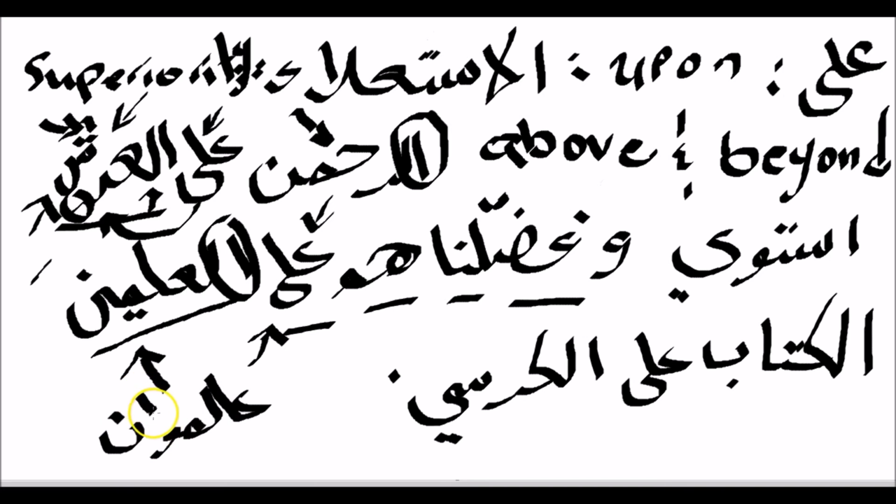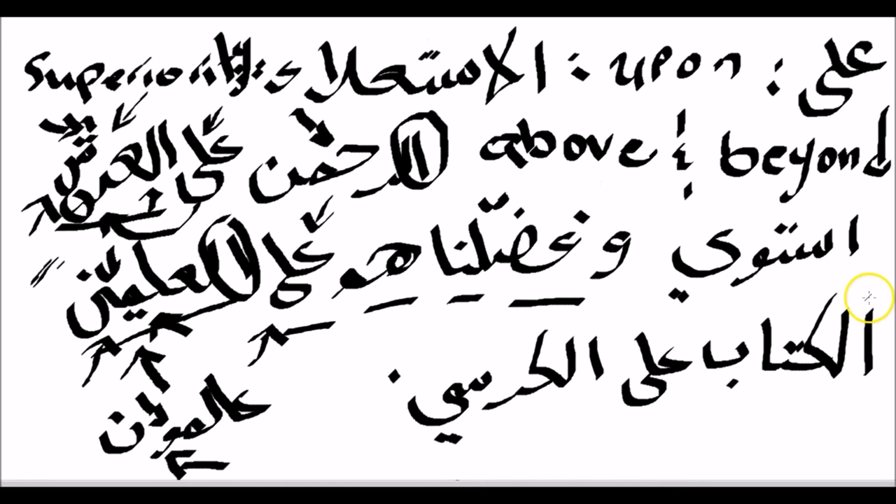So this waw turns into ya, and this ya, as we said, is a substitute for kasra. As we already explained, khafd will be with kasra, and it will be with other than kasra, as we will get into later. In this case, the word alameen, there is no kasra, but instead there is a ya that takes the place of the waw that was originally there in the word alamun.